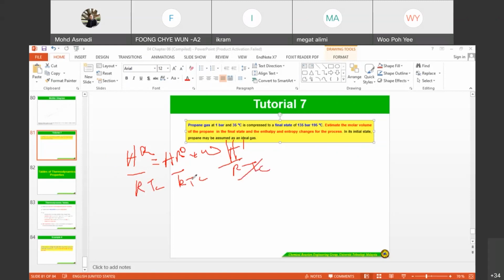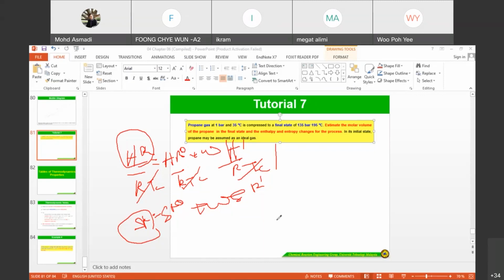So this one you can eliminate, and you can get HR. Similarly, also for SR equals SR naught plus omega SR prime, so you can get SR.